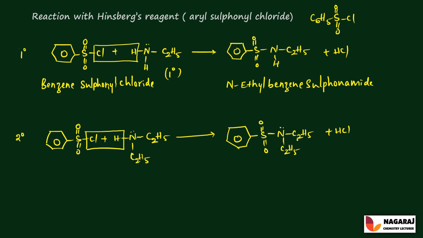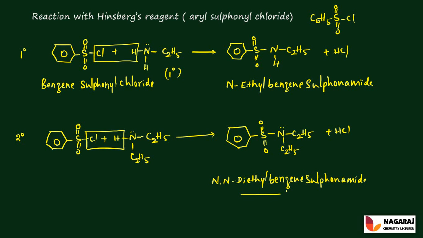The name of the product is, two ethyl groups attached to the nitrogen, so it is N,N-diethyl benzene sulfonamide, and SO2N is written as sulfonamide.